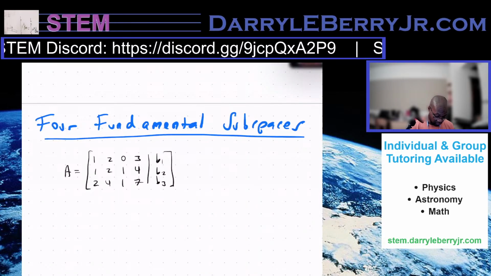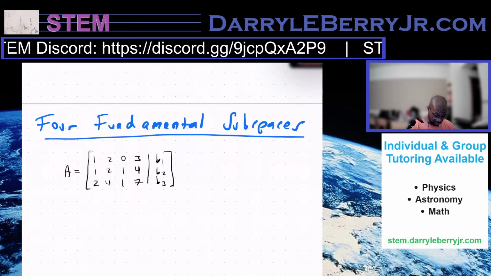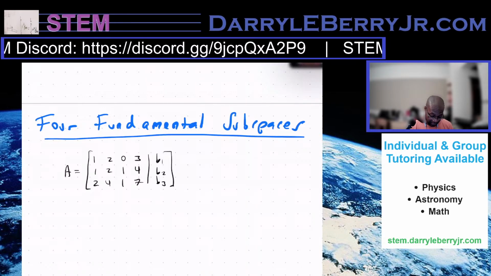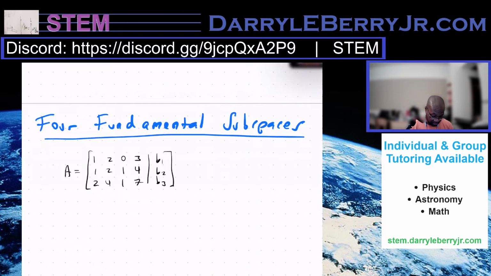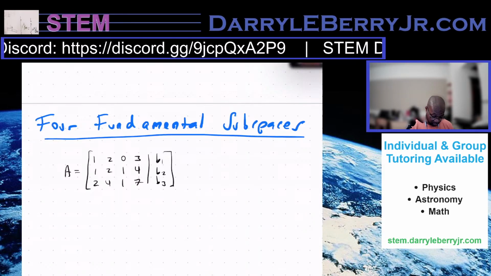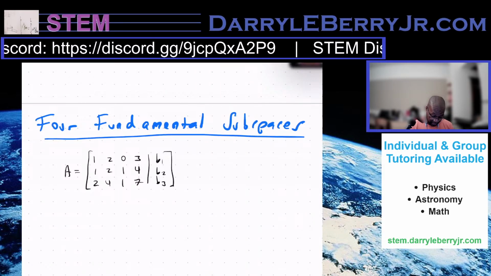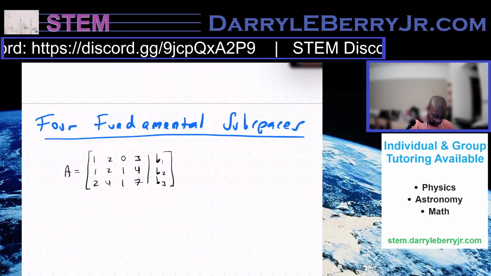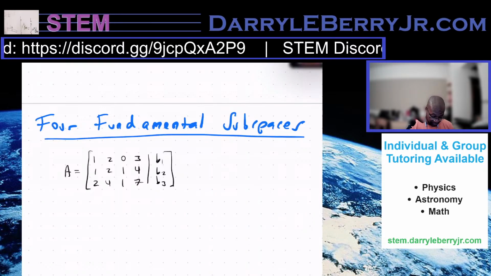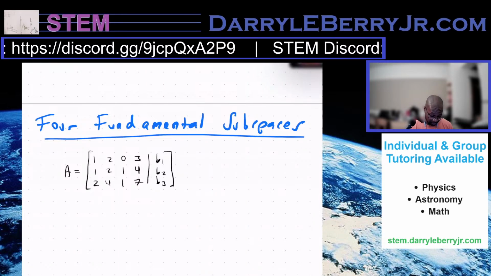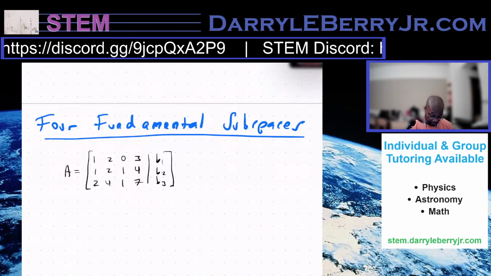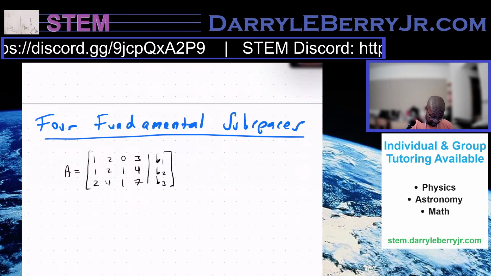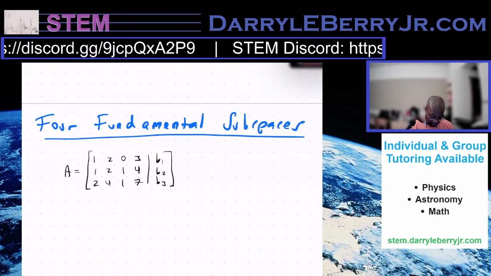So that's going to equal 1, 2, 0, 3, and still B. Minus row 1 gives 0, 0, 1, 1, and B2 minus B1. Then minus 2 row 1 gives 0, 0, 1, 1, and B3 minus 2 B1.